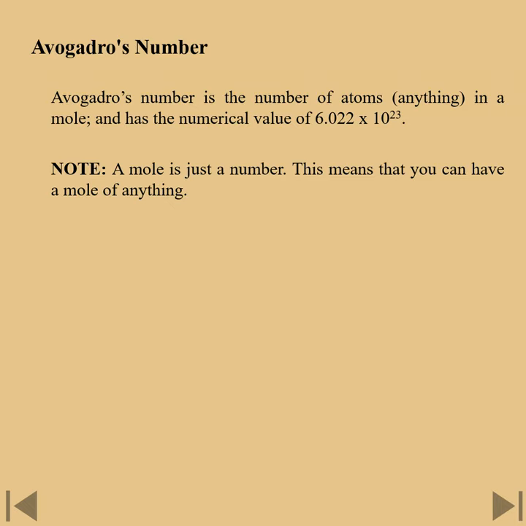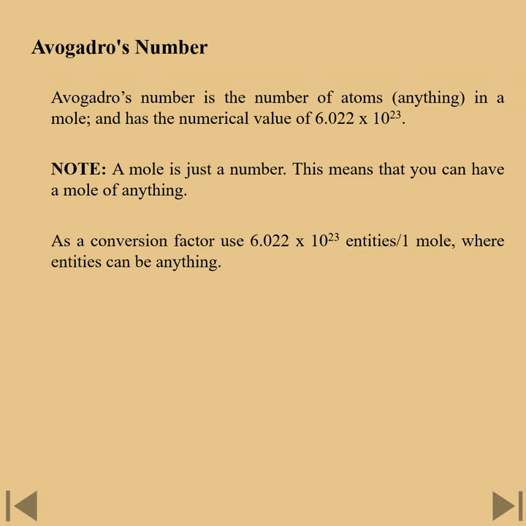But the point of the matter is, the mole is just a number. And as a conversion factor we've already seen, we have 6.022 times 10 to the 23rd entities per mole of entities. So here's an example for gold atoms. Avogadro's number of gold atoms per mole of gold.